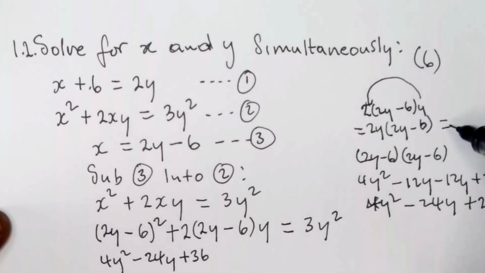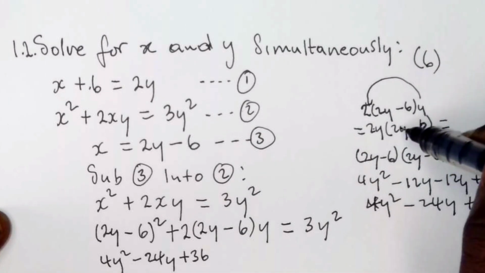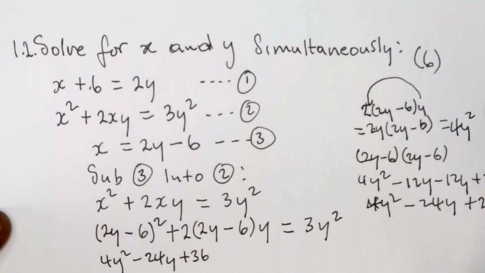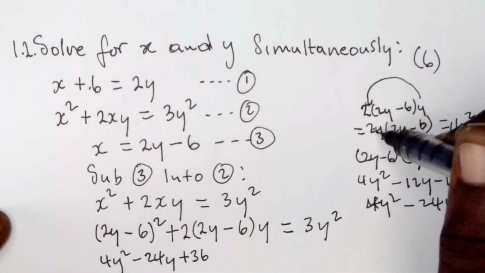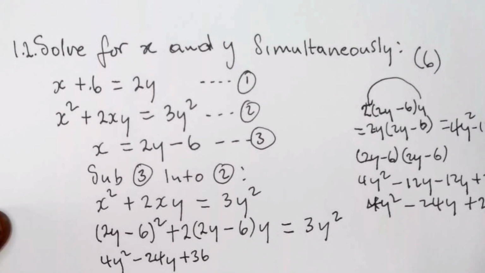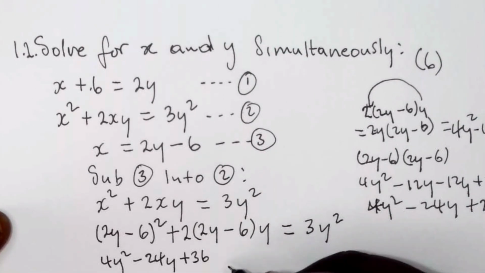Okay, so what is the next move? 2 times 2 is 4. Y times y is y squared, right? 2y times negative 6 is going to be negative 12y. So what are we having here?